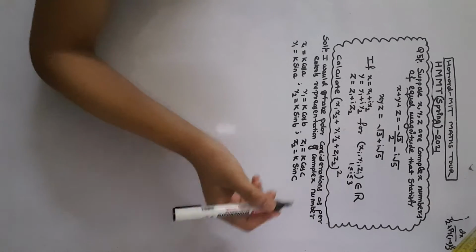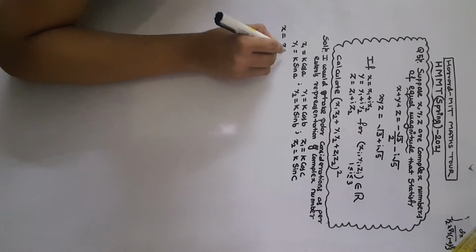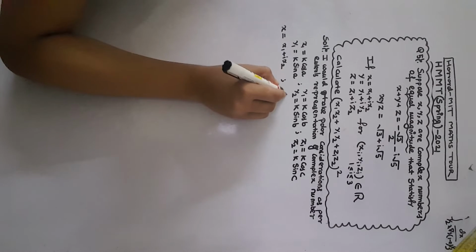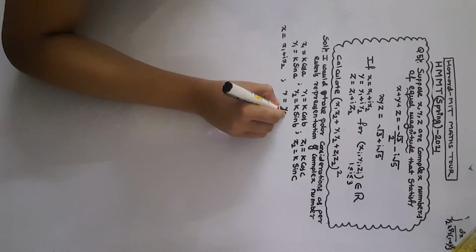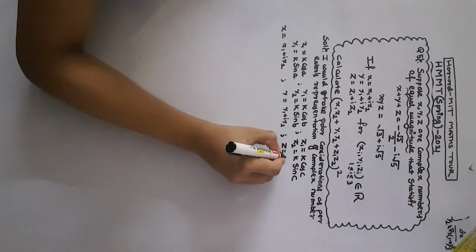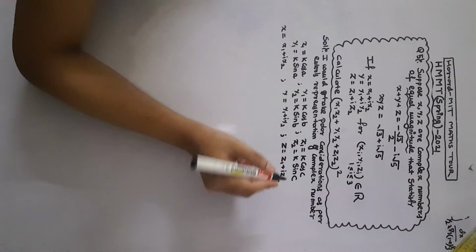As we all know, x can be represented in the form x1 plus i x2, y can be represented as y1 plus i y2, and z can be represented as z1 plus i z2.